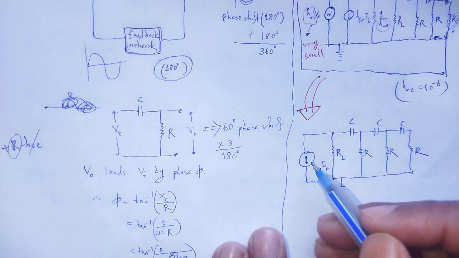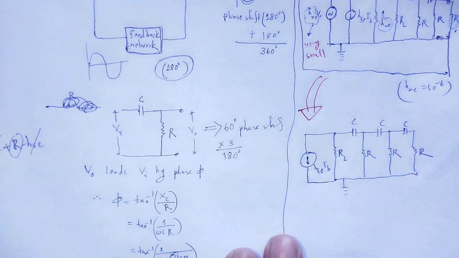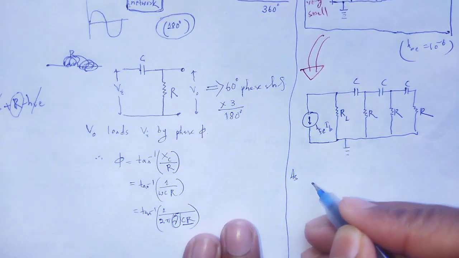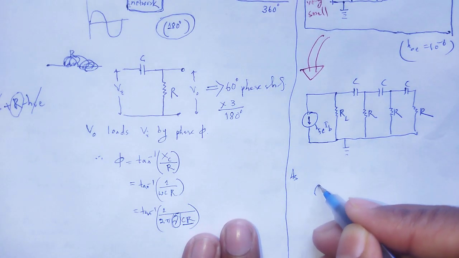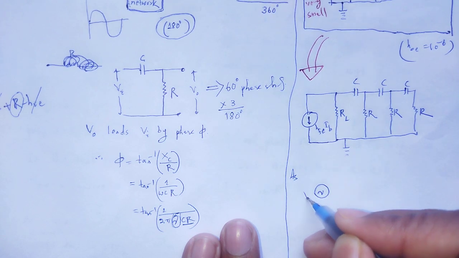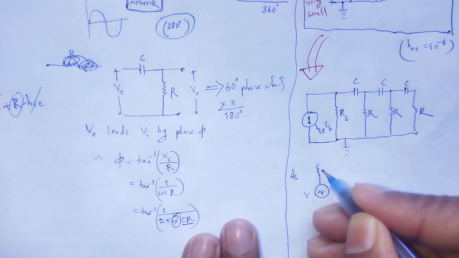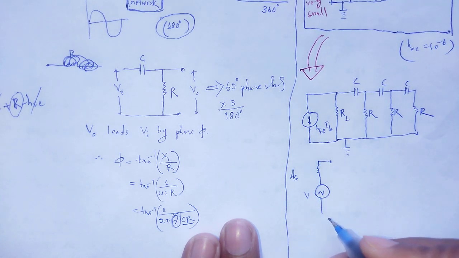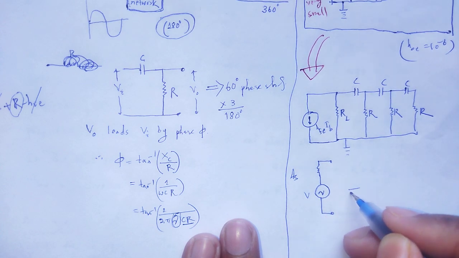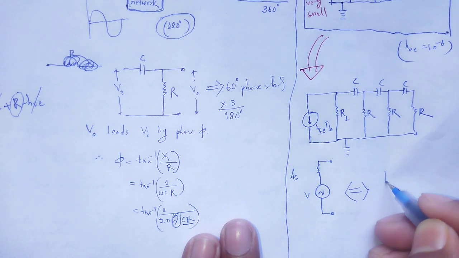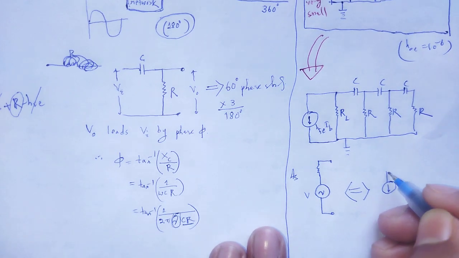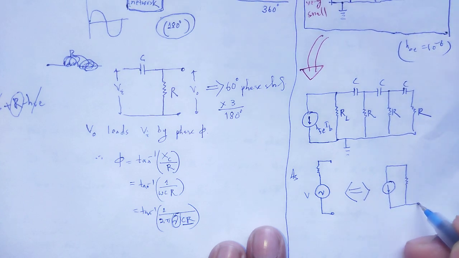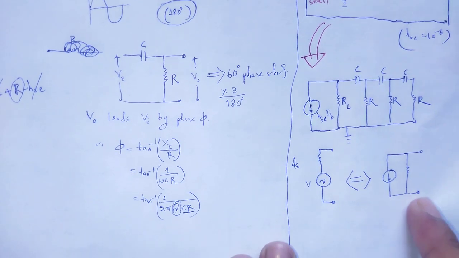Now that current source we can change to a voltage source. How? If there is a voltage source and a resistor connected in series to it, then it is converted to a current source, like this.